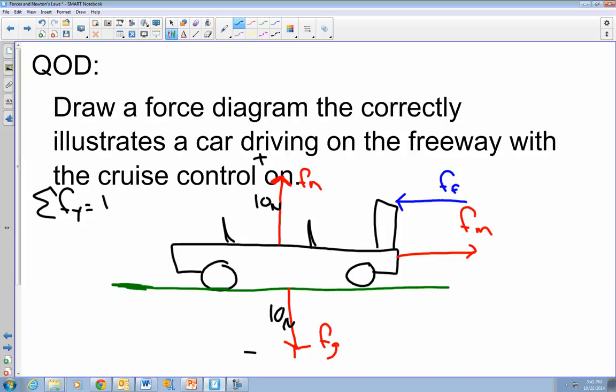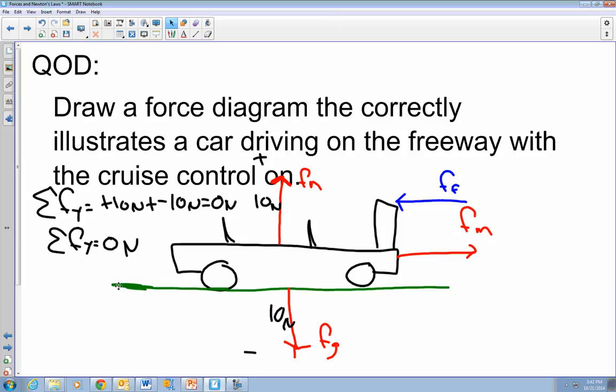So it'd be a positive 10 newtons plus a negative 10 newtons gives me 0 newtons of the total force in my y direction. Think through that logically. Is my car changing directions or changing motion speed-wise in my vertical direction? Well, hopefully I'm not hovering my car through the air, and hopefully it's not sinking to the ground. So having a total force in your y direction of 0 should hopefully make sense.